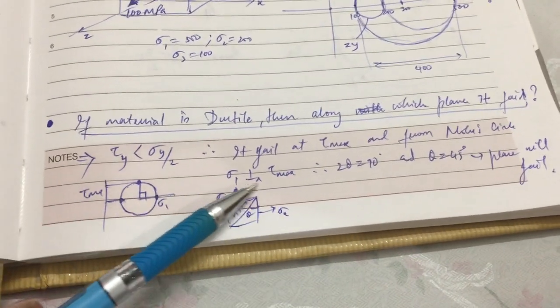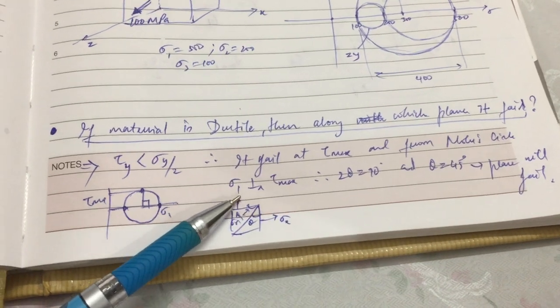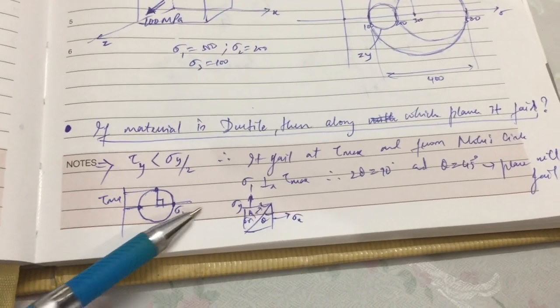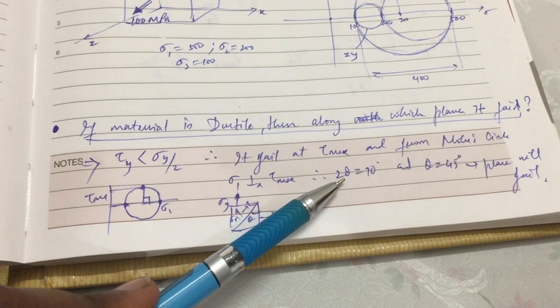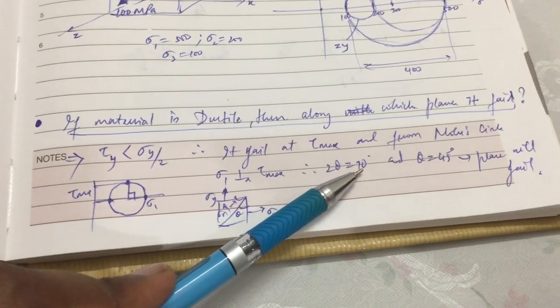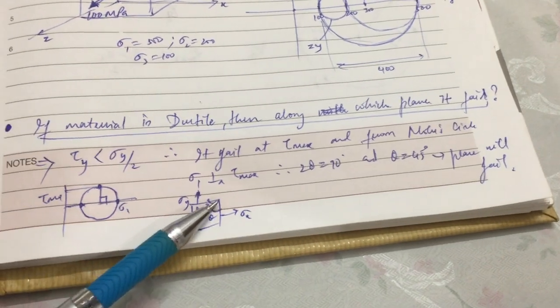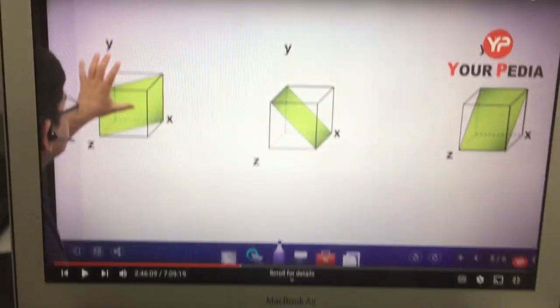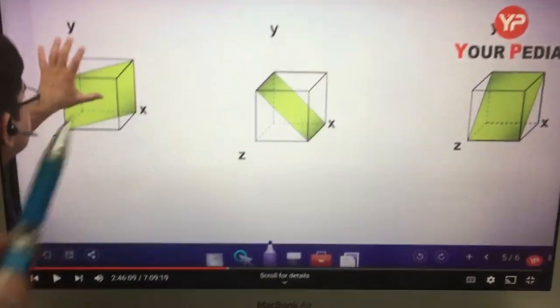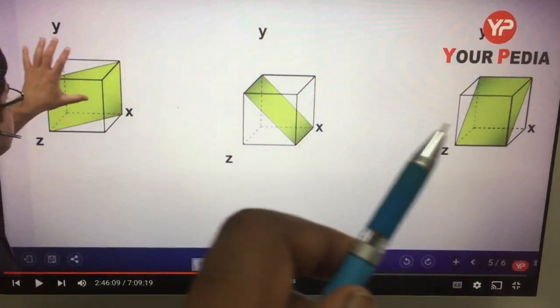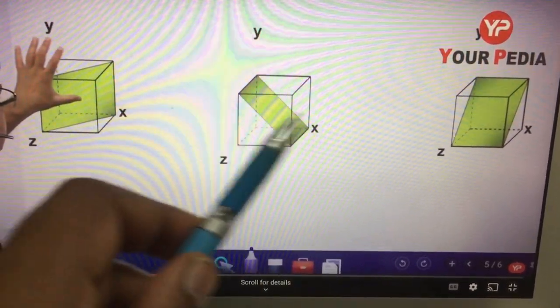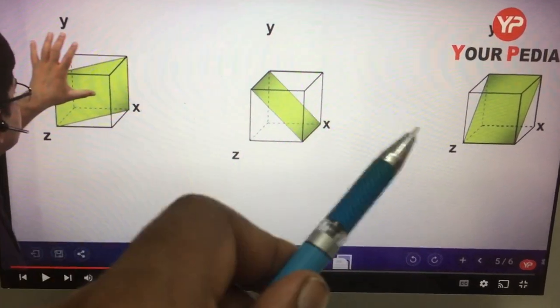And in the Mohr circle, we see that the maximum shear stress is perpendicular to the principal stress. That means 2 theta is equal to 90 degrees, so at theta equal to 45 degrees the plane will fail. From this figure, you can see that the picture shows the plane at 45 degrees of that material. So at these planes the ductile material will fail.